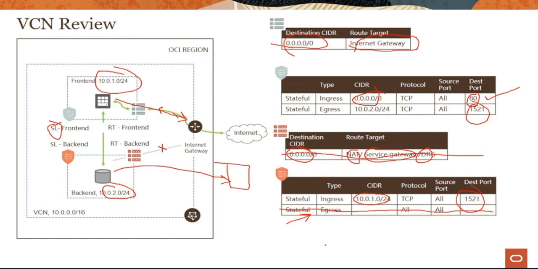I don't want any traffic to go from here. I just want traffic to go to the front end, right? And because it's all stateful, if my packets are coming in at 1521 port, they're also going out from 1521, right? So I don't have to write a separate egress rule. If this was stateless, I would have to do that, right?